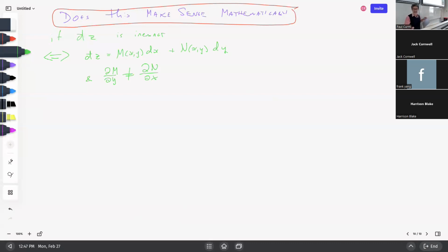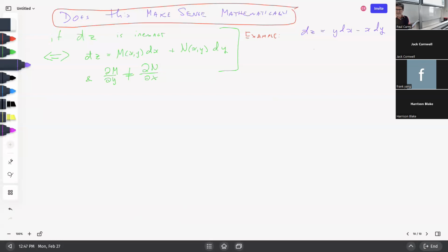Example. Okay, my example is that I take d bar z equals y dx minus x dy.